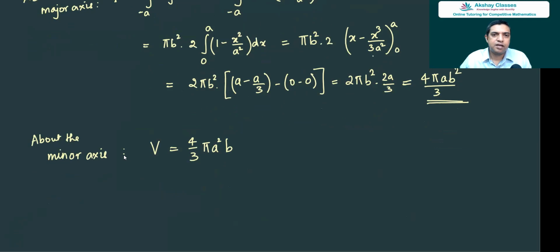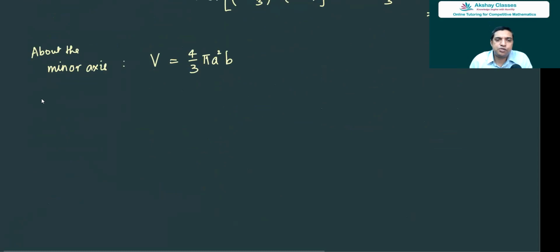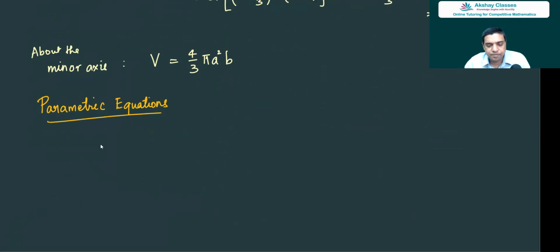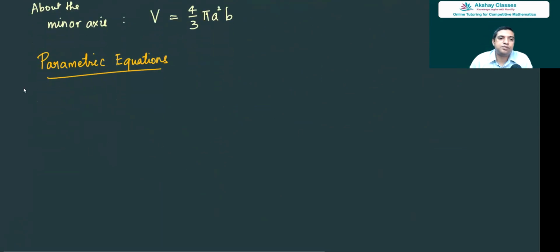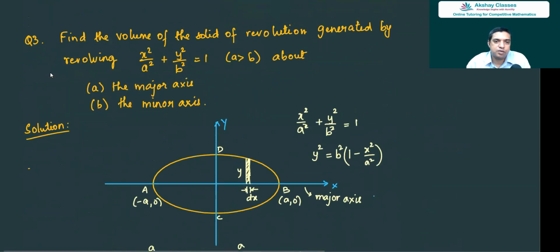Okay. Next, so we did a simple Cartesian. We used Cartesian coordinates for integration so far in all the problems. Now let us use parametric equation. Let us do this. Question number 4.